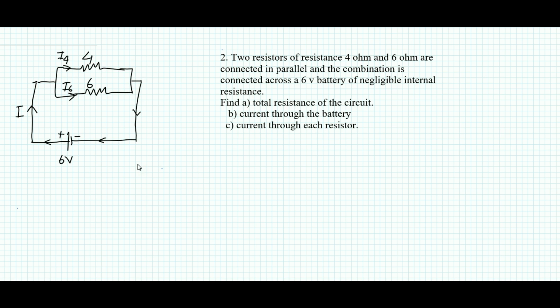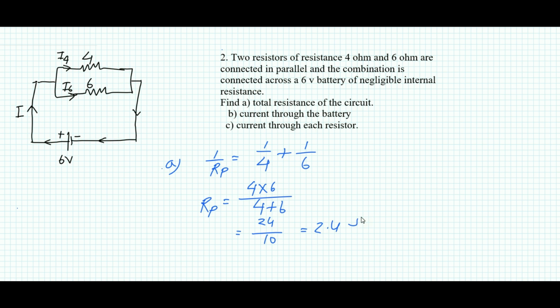So let me first calculate the equivalent resistance of the circuit. 1 by Rp equals 1 by 4 plus 1 by 6, and directly we can find Rp, which becomes 24 by 10, that is 2.4 ohms.